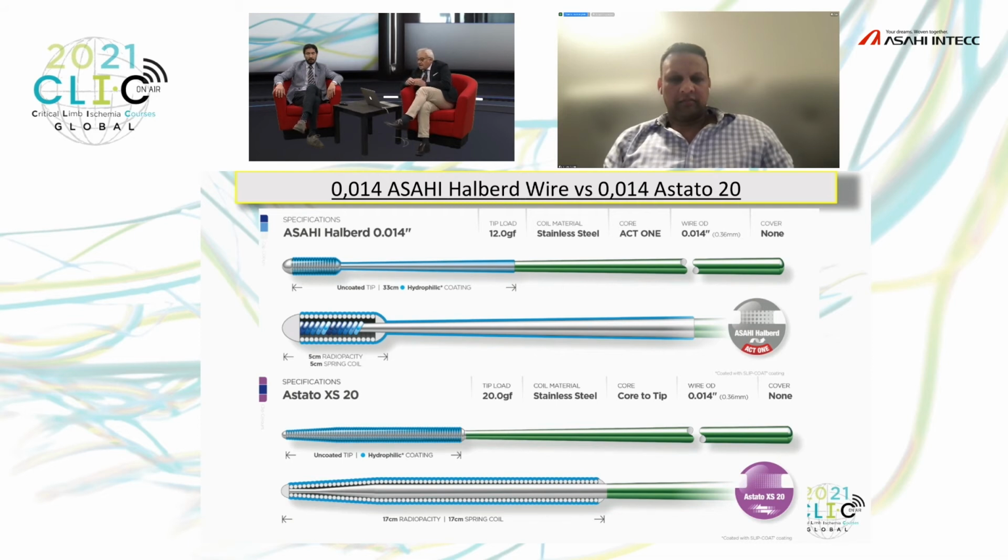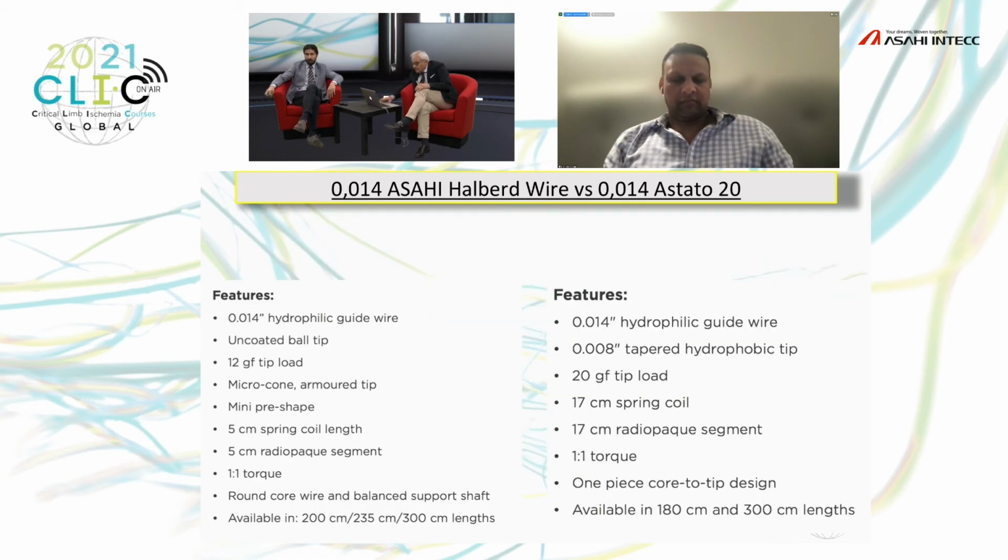The same for the Albert, but we have a coil. It's not tapered. There is a microcone covered with the coils, and we have a different feature here. 20 grams for the Astato, 12 grams for the Albert.